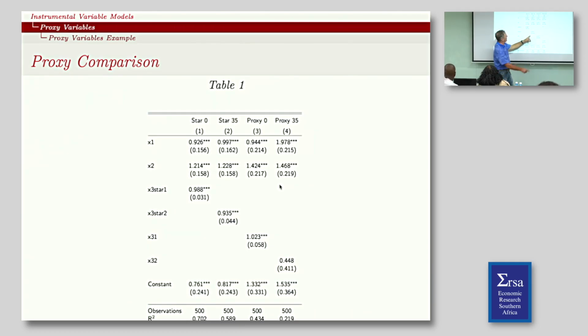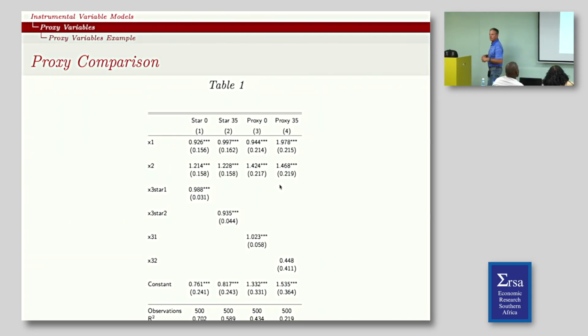So these are the same variables, but this is the proxy for that. And here we've got x32, but my proxy is poorly behaved, right? And what happens then is I get the wrong estimate entirely for the variable of interest, and it screws up my other measures as well, okay?